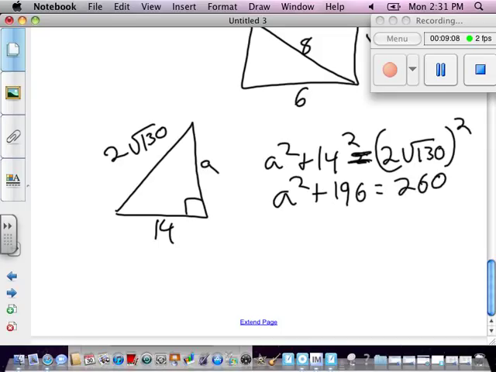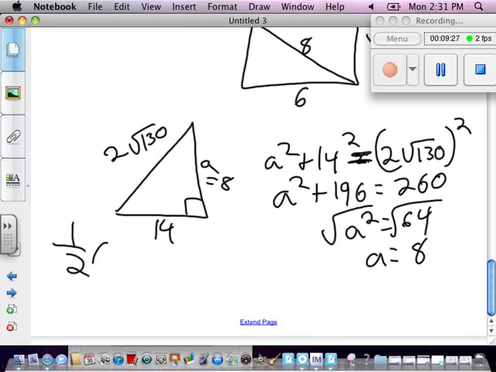We subtract 196, and we get A squared equals 64. So A equals 8. They square rooted both sides. Now, what do I do to find the area of a triangle? 1/2 base times height. So 14 times 8 divided by 2 gives us 56 units squared.